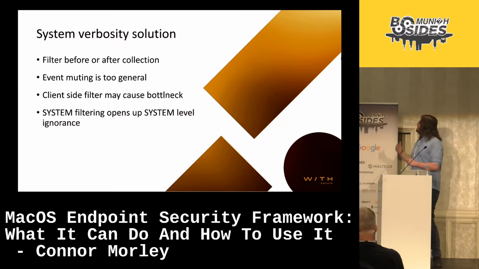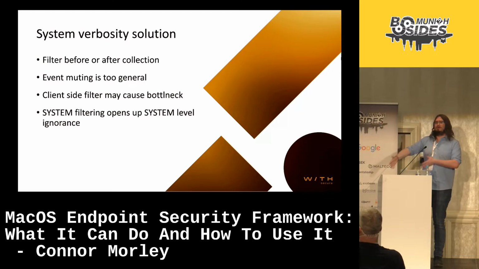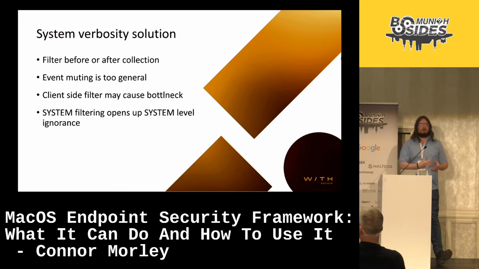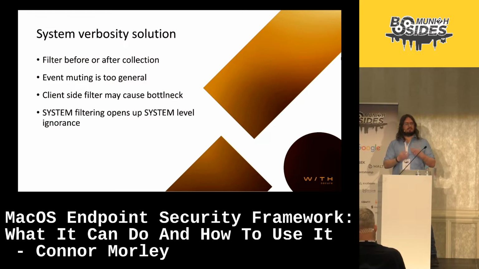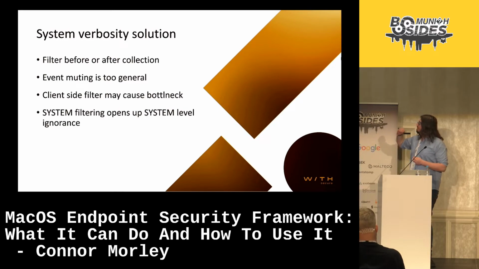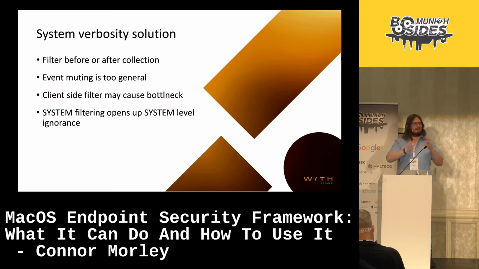So instead you have to look at client-side filtering, but then you face the bottleneck issue that I mentioned before. Even when you filter down the event types into individual clients, you still run the risk of data events being dropped simply because the system-level event generation is so high. So it becomes a balancing act between the two. There's no real one-size-fits-all solution for this, so you have to balance this dynamically as well as possible.